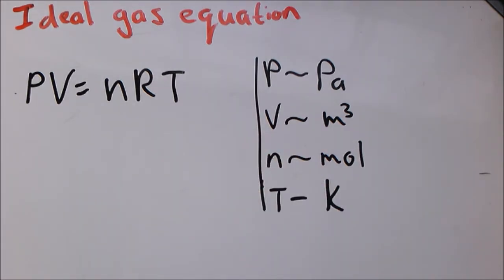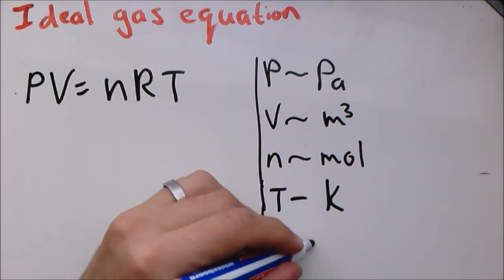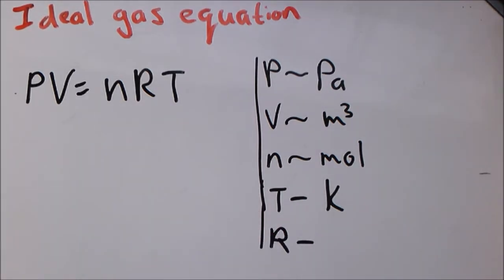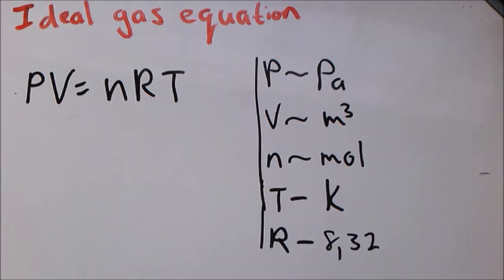Now, the value R is a constant, okay? And this constant will always be given when you do your calculations. And this constant is 8,32.